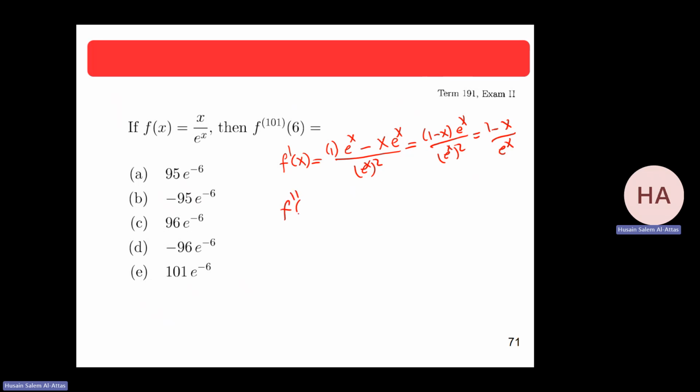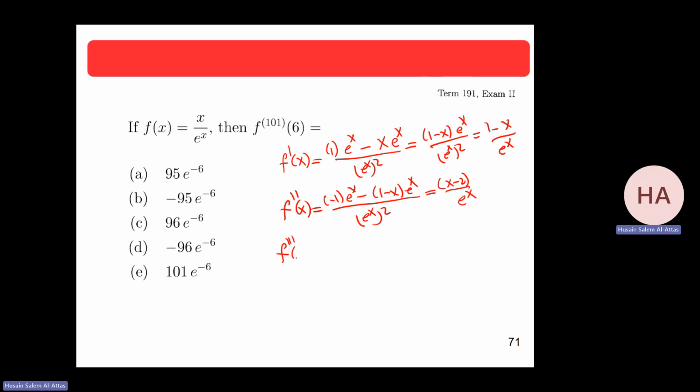Let me check the second derivative. Derivative of this, minus 1 e to the x minus 1 minus x e to the x over e to the x squared. So what will happen in the numerator? I have minus x. That will be x minus 2. E to the power x cancels with 1 of e to the power x, so that over e to the power x.